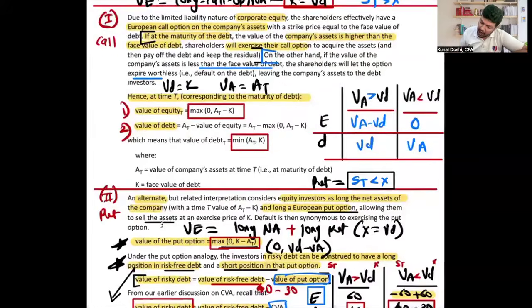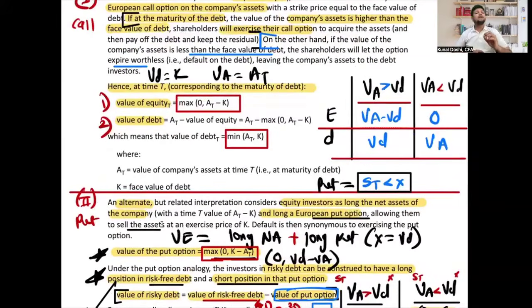Correct? Now, value of equity in a company: equity will get more value if the company makes profit, right? If the companies don't make profit, equities won't get any share. Clear? So when the value of the company's asset is greater than the value of debt, equities benefit. But if it is below debt, of course debt will lose, but equity will get nothing.